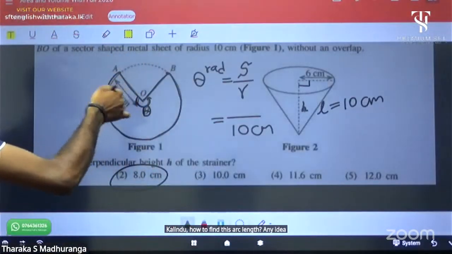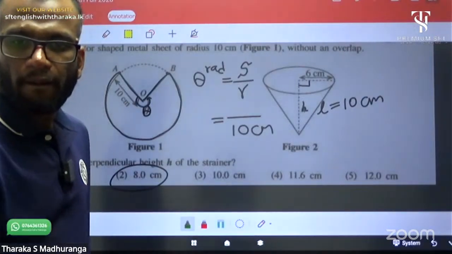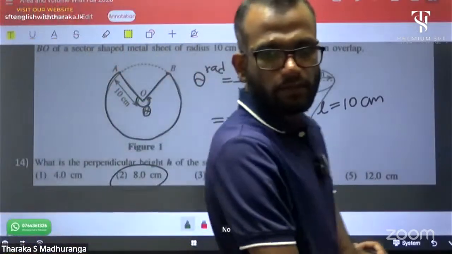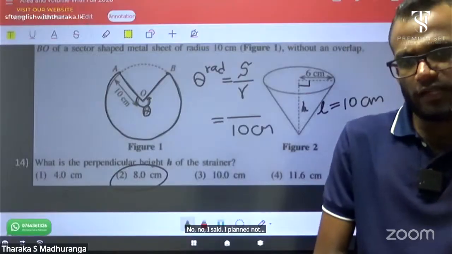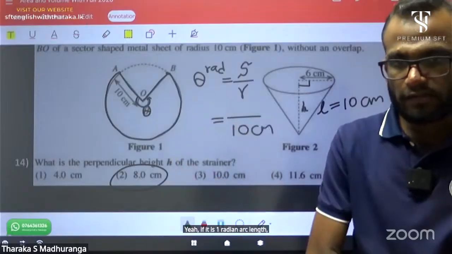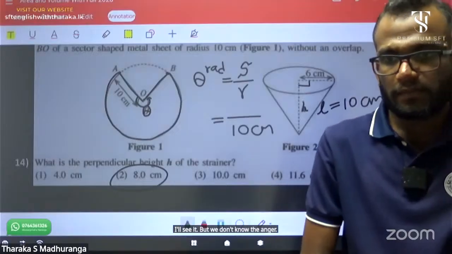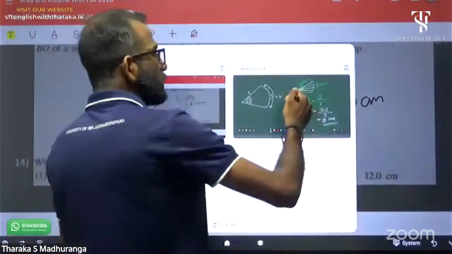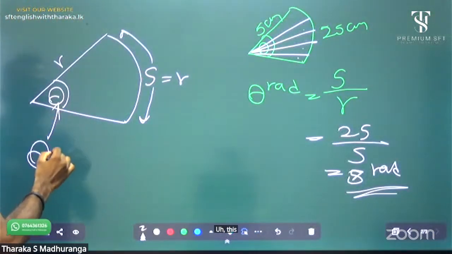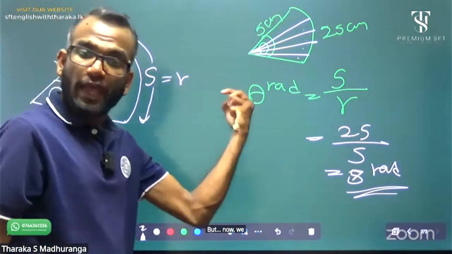The radius is given. No, I say arc length, not 10 centimeter. If it is 1 radian, arc length 10 centimeter, that's okay. But we don't know the angle.